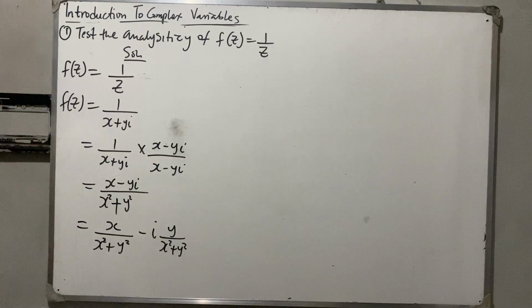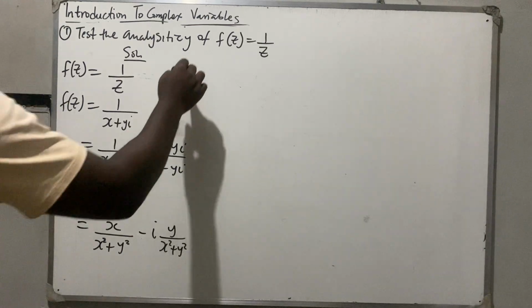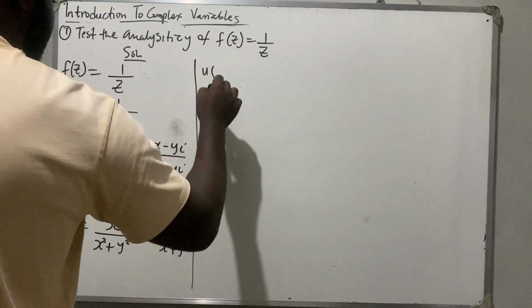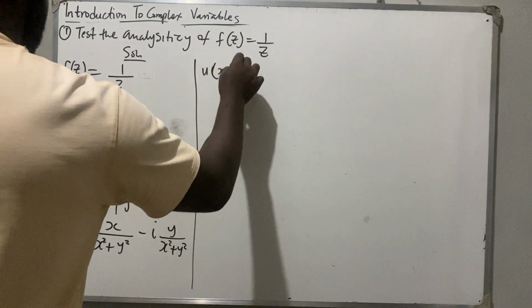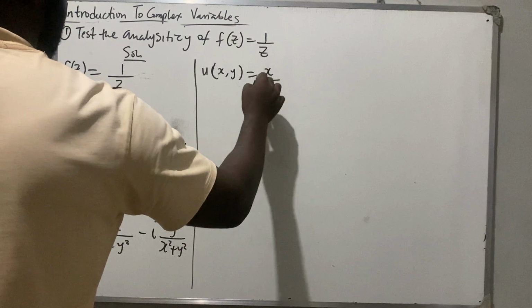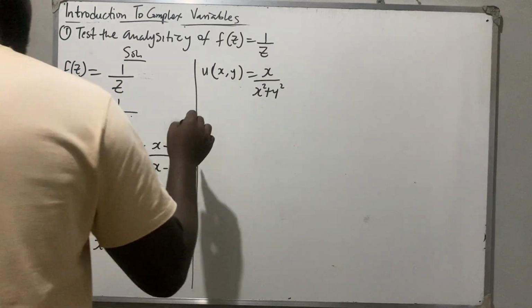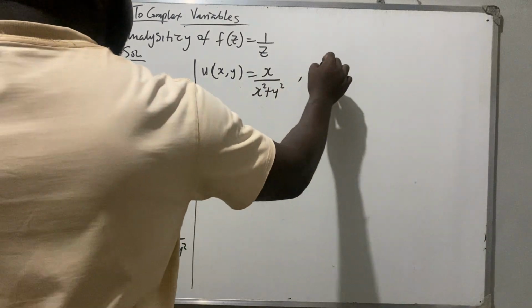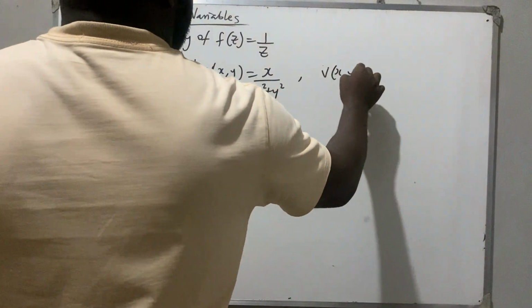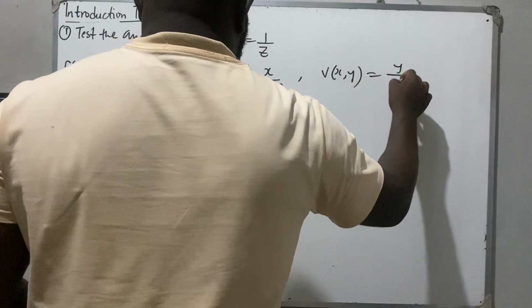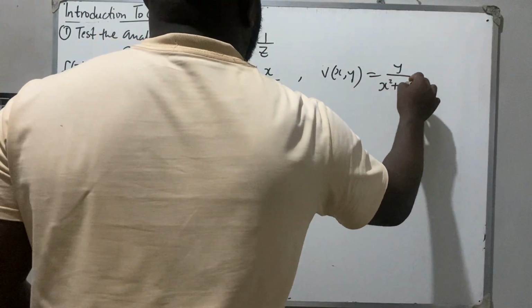So you now notice that your u of x comma y is equal to x over x squared plus y squared, and your v of x comma y, the part that has i, is y over x squared plus y squared.